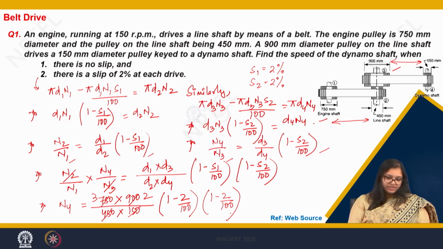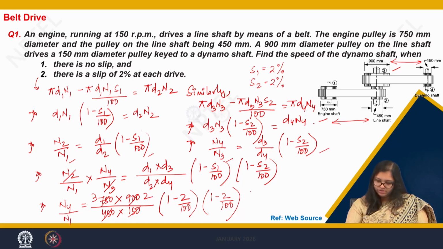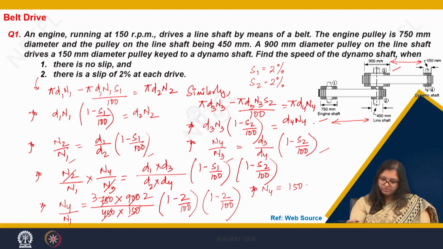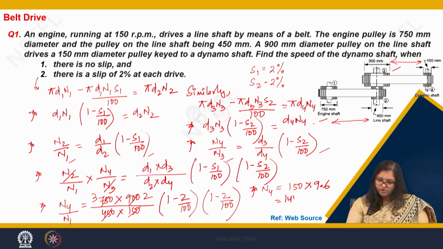So this finally comes down to, here we have N1. So this finally comes down to N4 is equal to 150, that is our N1 multiplied with 9.6, which is equal to 1440 RPM.